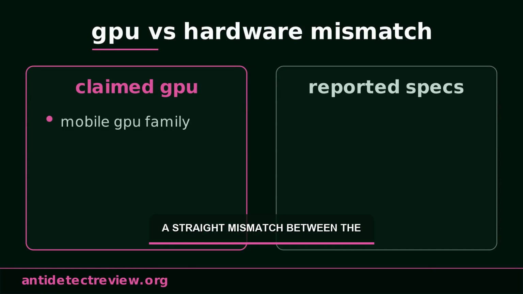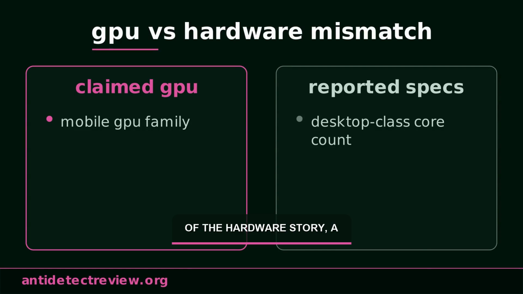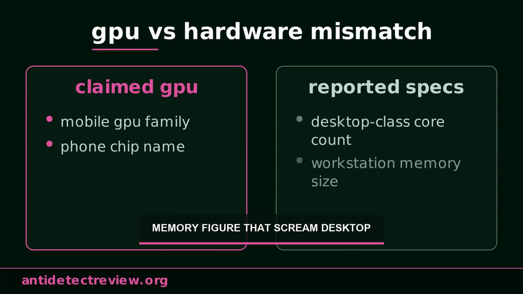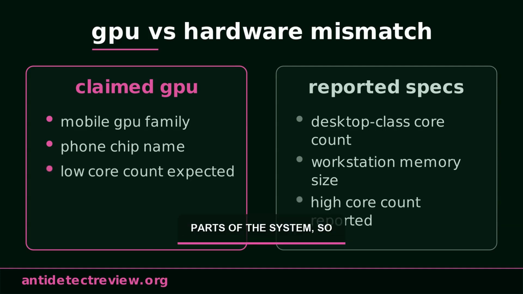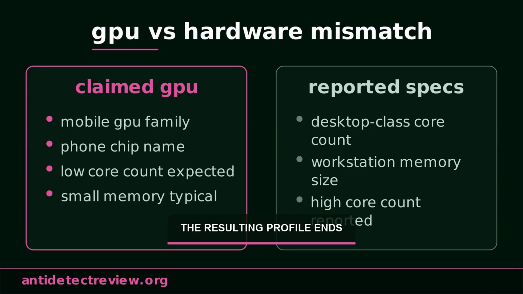Another pattern is a straight mismatch between the claimed GPU and the rest of the hardware story. A mobile GPU family reported alongside a core count and memory figure that screamed desktop workstation, or the reverse case entirely. Those fields come from different parts of the system, so when a tool overrides one field and forgets the others, the resulting profile ends up quietly arguing with itself.